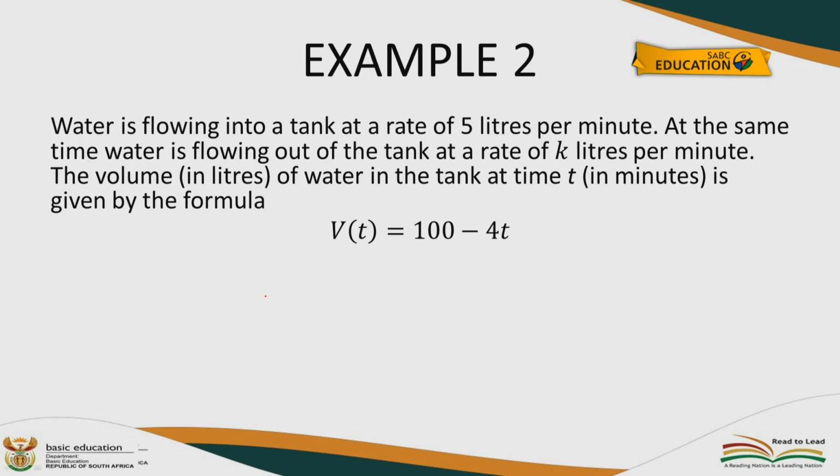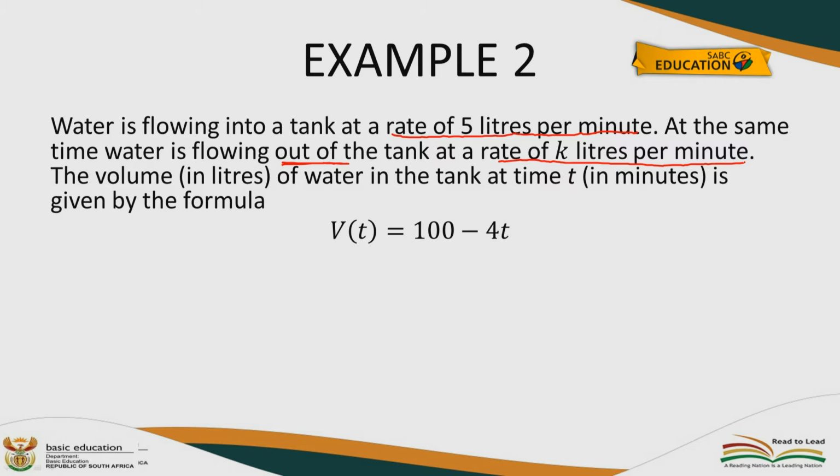We are told that water is flowing into a tank at a rate of 5 liters per minute. So we have a rate there. So the water flows into the tank at a rate of 5 liters per minute, meaning every minute there are 5 liters flowing into the tank. Now, at the same time, water is flowing out of the tank at the rate of k liters per minute.